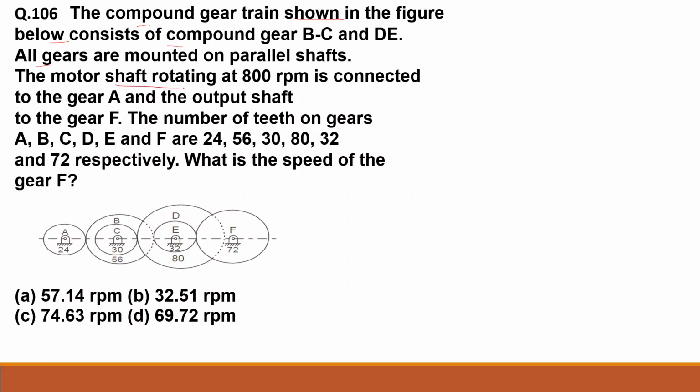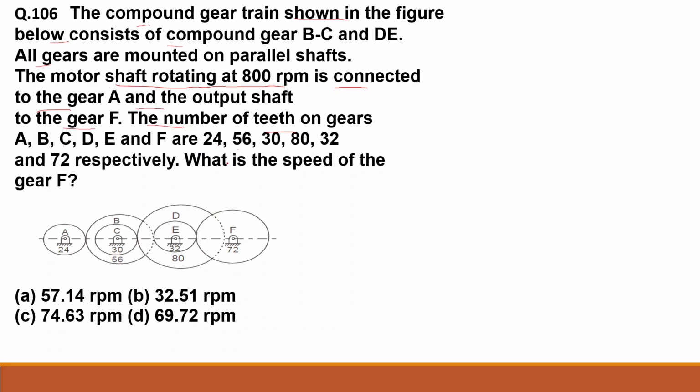The motor shaft rotating at 800 rpm is connected to gear A and the output shaft to gear F. The number of teeth on gears A, B, C, D, E, F are 24, 56, 30, 80, 32, 72 respectively. What is the speed of gear F?